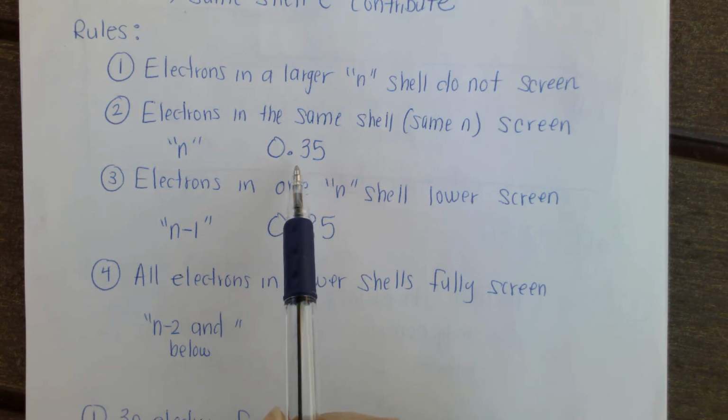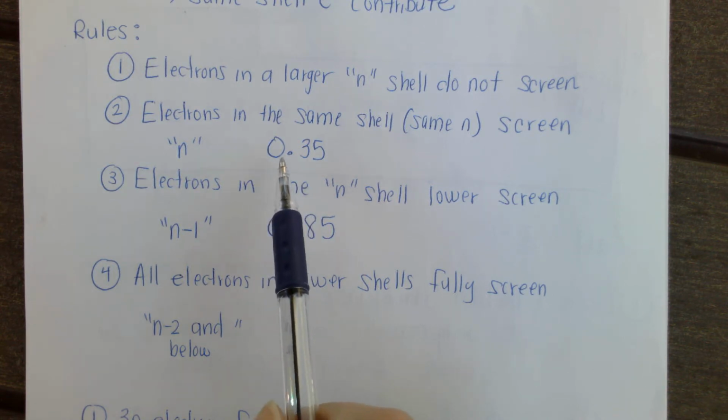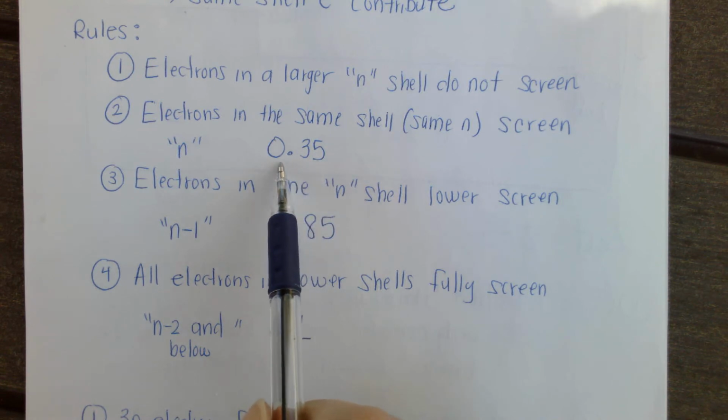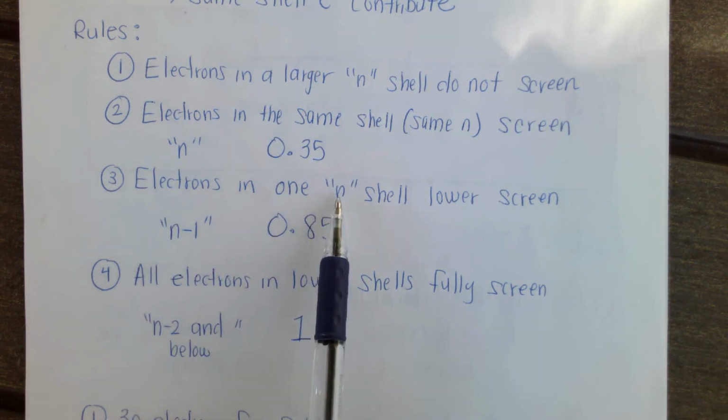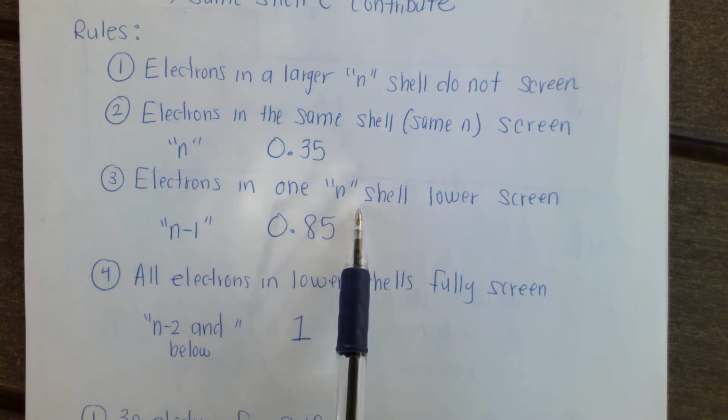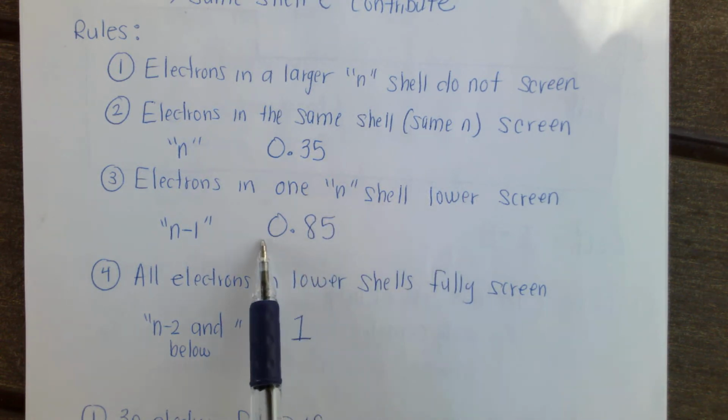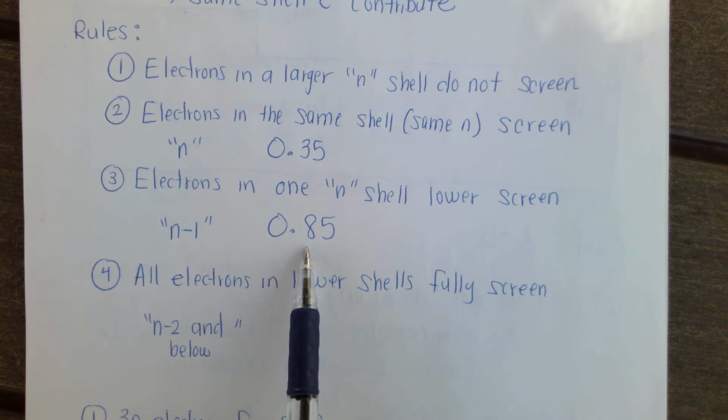Before we were just looking at full screening, but now you're only going to screen about 35% of that positive charge. Okay, so next, if we go one shell down, we would have a screening factor of 0.85. So it means they are 85% effective at screening.